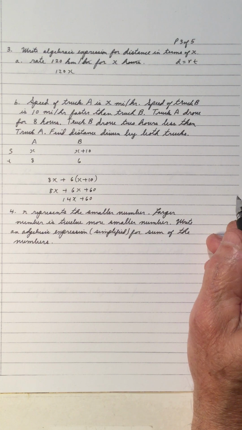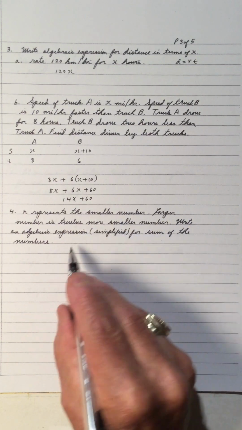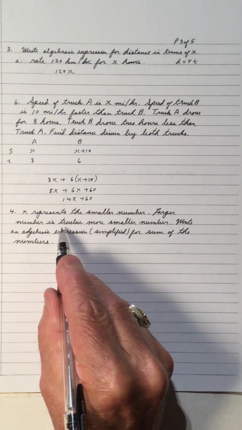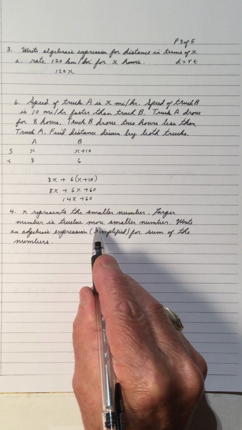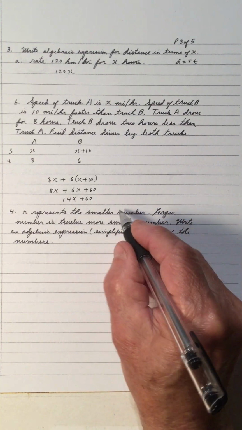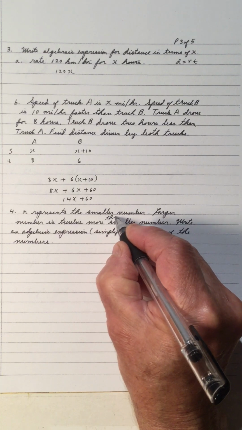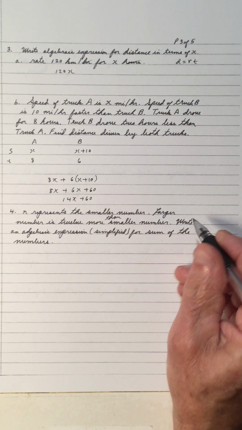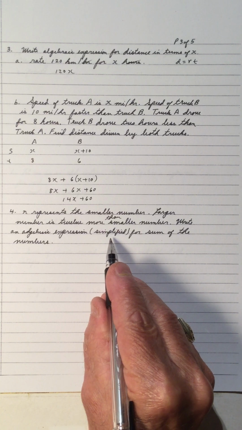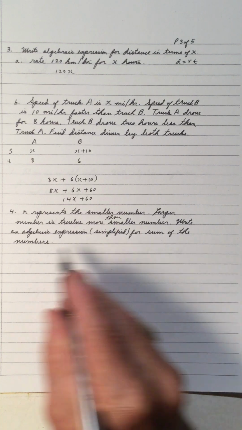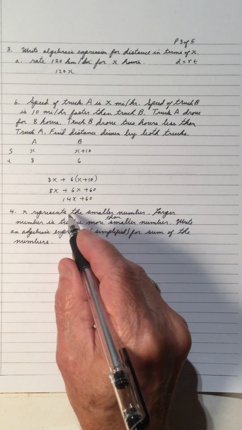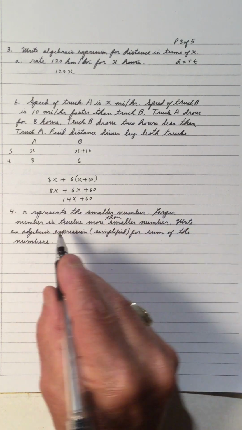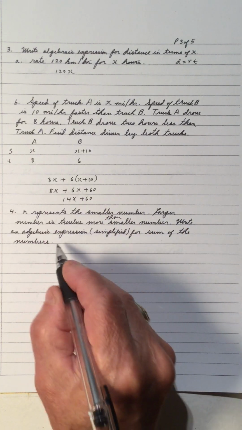Number 4. n represents a smaller number. The larger number is 12 more than the smaller number. Write an algebraic expression in simplified form for the sum of the numbers. So the smaller number is n, the larger number is 12 more than the smaller.